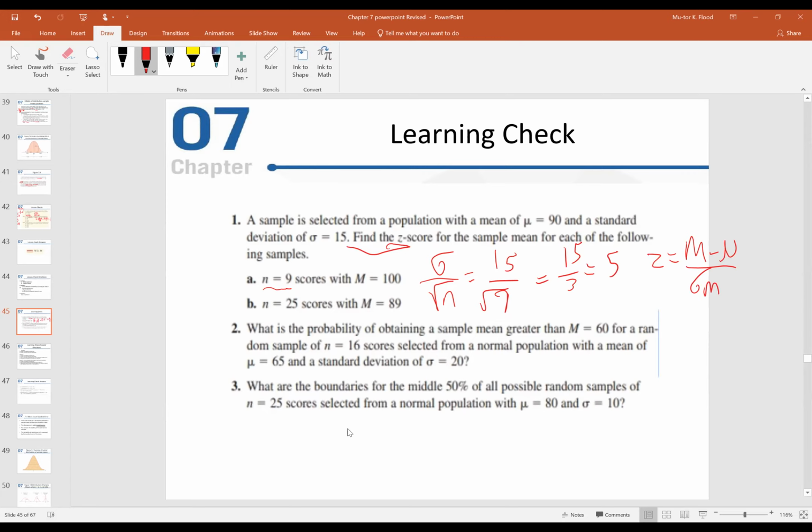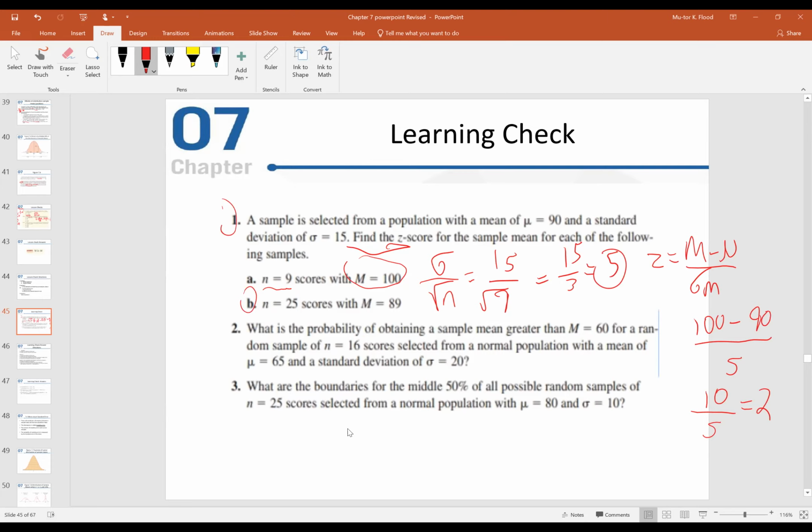The sample mean is 100, so it's 100 minus the population mean of 90, divided by the standard error of the mean, which we calculated as 5. That gives us 10 over 5, which gives us a z-score of positive 2. That's how you answer number 1. I won't do question B, because that's the same kind of question.